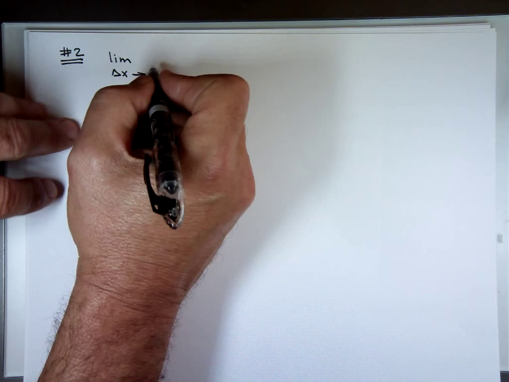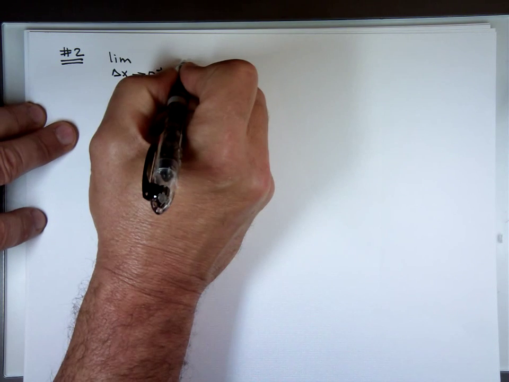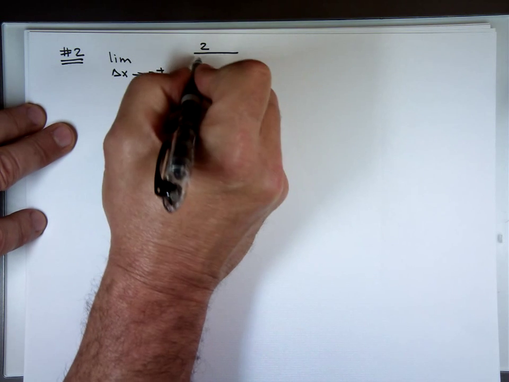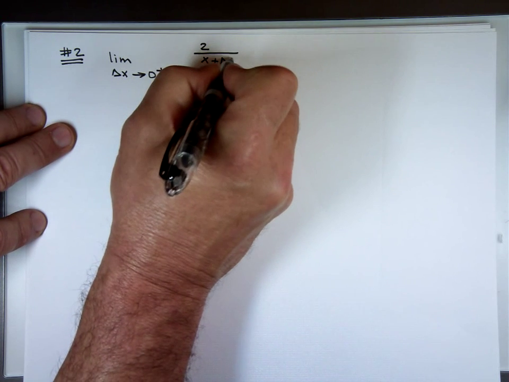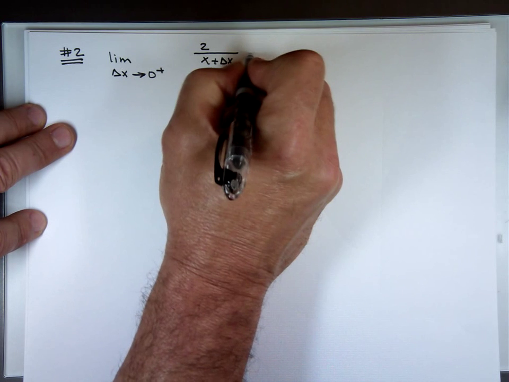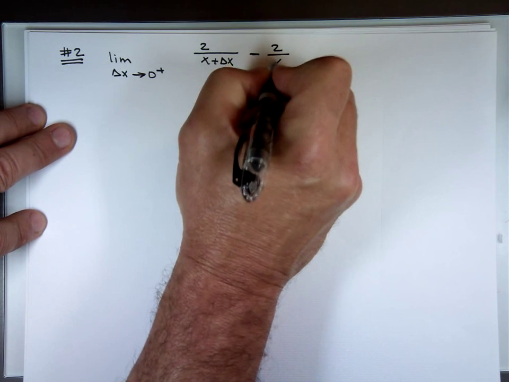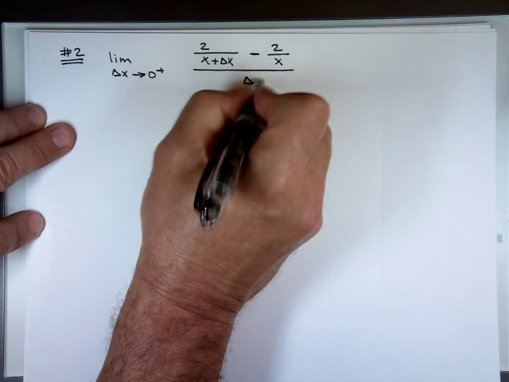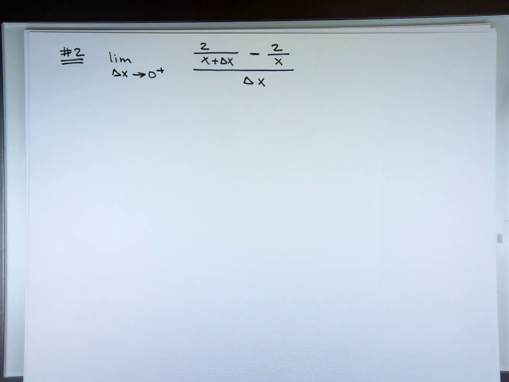They're actually saying 0 plus, okay, from the right side, of 2 over x plus delta x minus 2 over x, over delta x. If it exists. If it doesn't, write DNE.